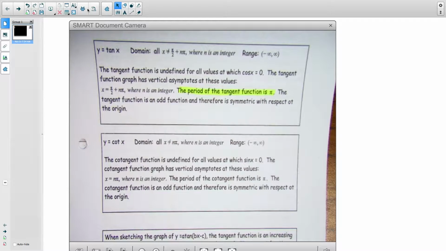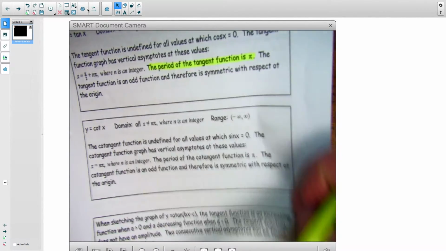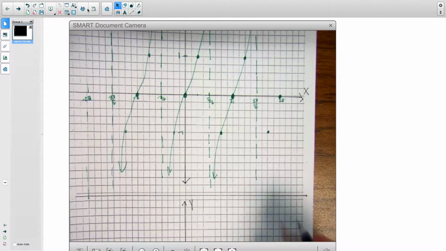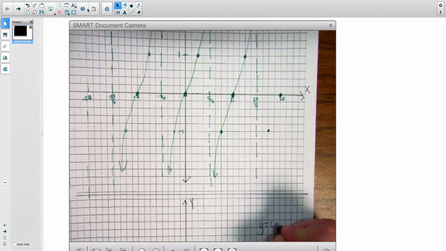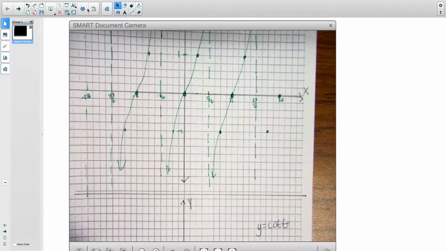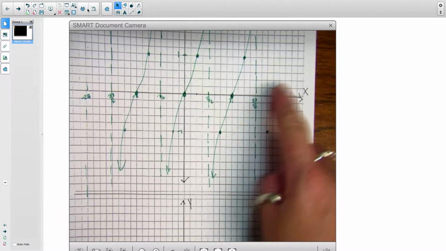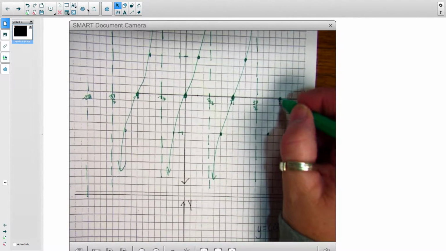And when curve sketching, and let's get cotangent graphed first. So cotangent, where's our chart? So the bottom is going to be y equals cotangent. We can if we want over here. It's just going to repeat.